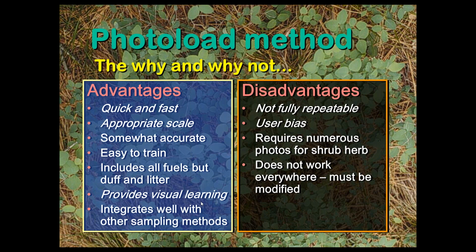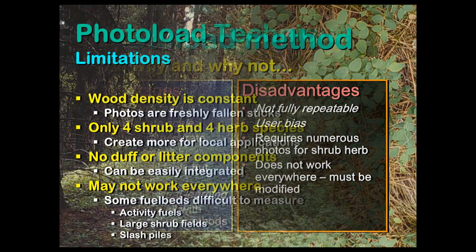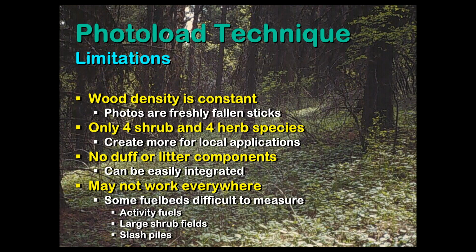Chris Stalling, one of our Photoload trainers, is working on a technique for how to do Photoloads for other areas. Some of the other limitations are that with Photoload we had to use just 1 wood density, and the photos are all of freshly fallen sticks.